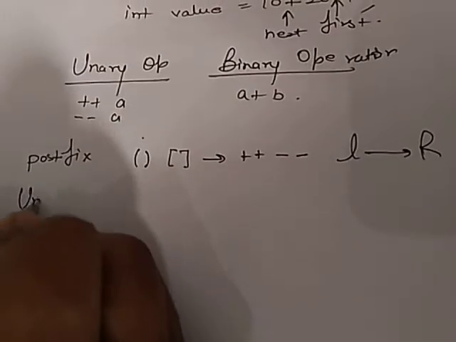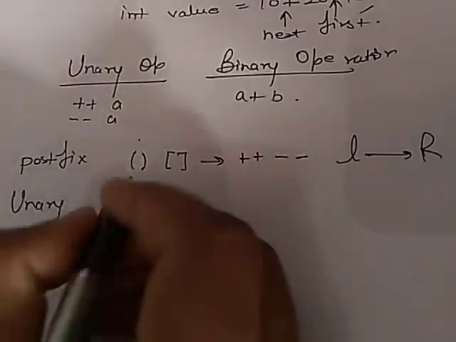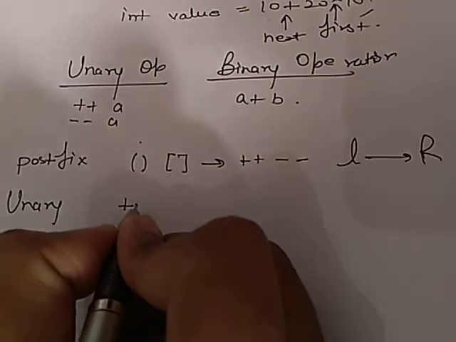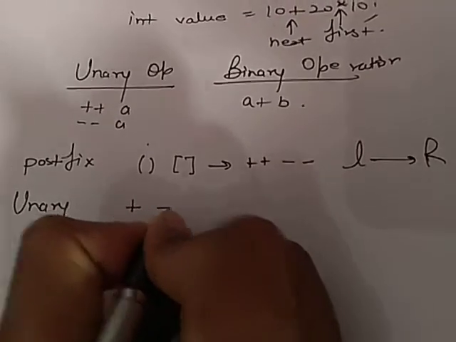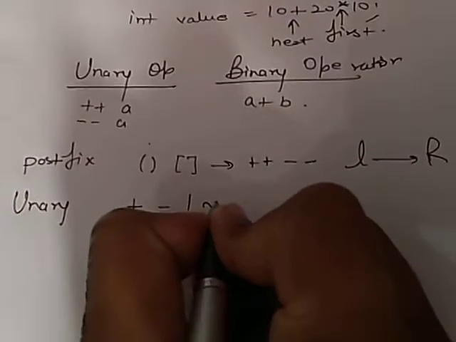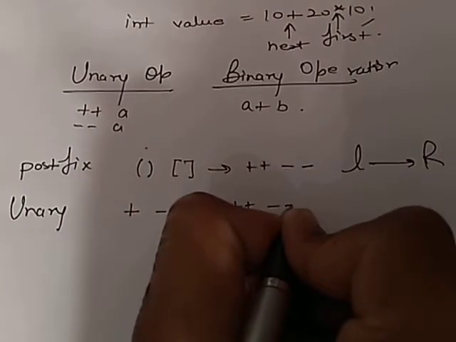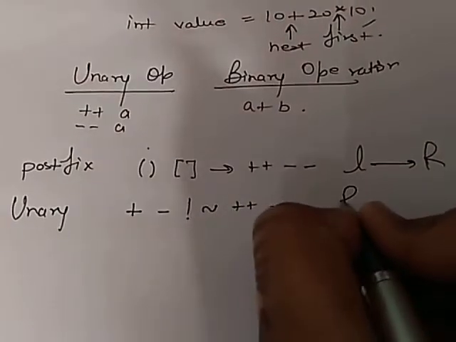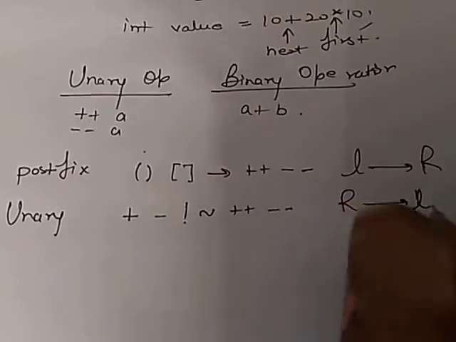Another is the unary operators. In this we have plus, minus, tilde, plus plus, minus minus. Its associativity is from right to left.